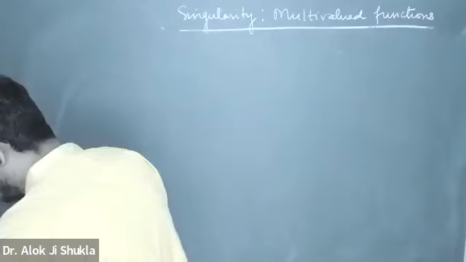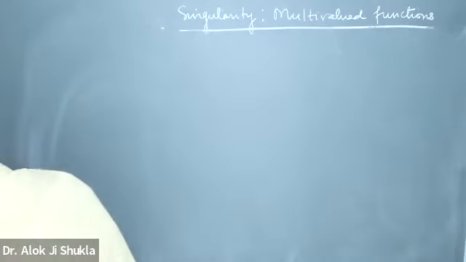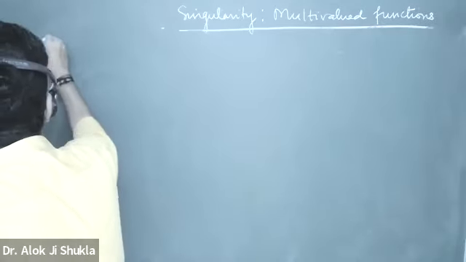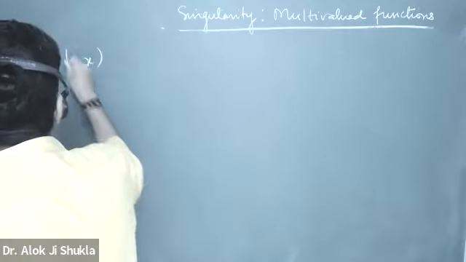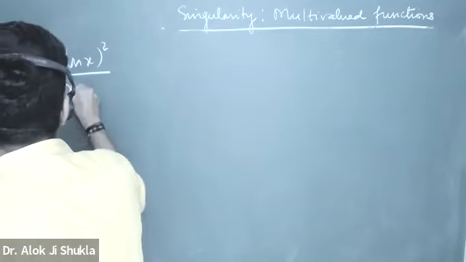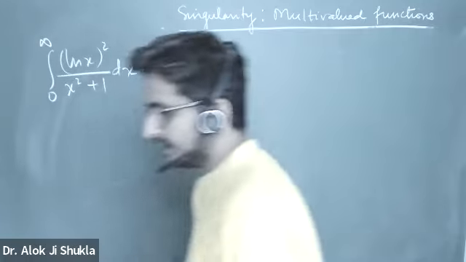Now we are going to solve a logarithmic branch point problem, and that is like this: integral 0 to infinity of log of x square upon x square plus 1 dx. This is the question.